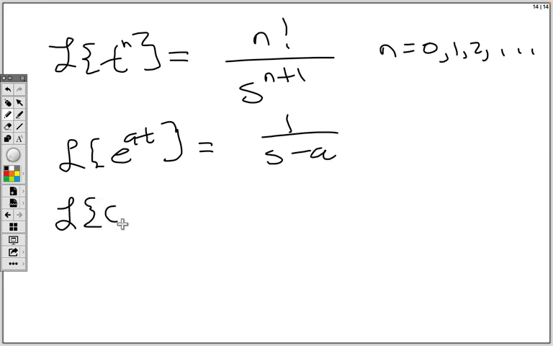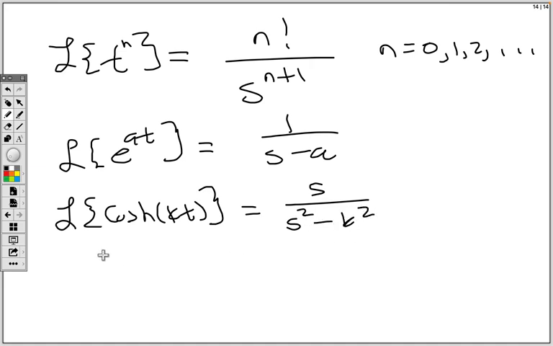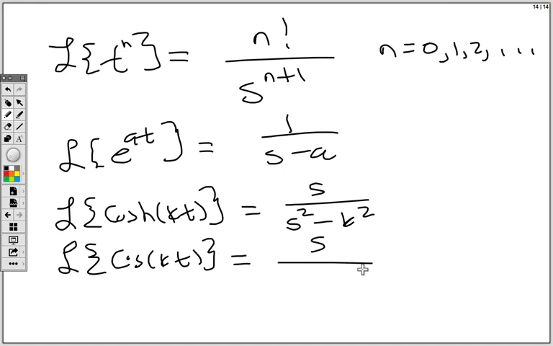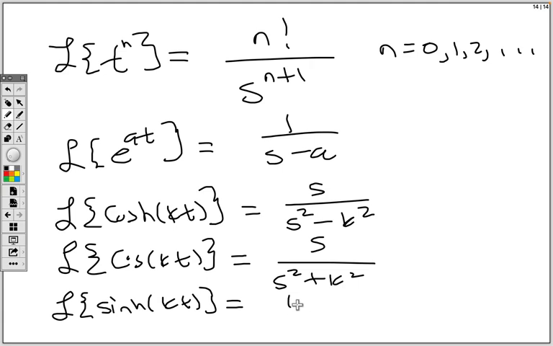The Laplace transform of cosh, Laplace transform of cosine, and then Laplace transform of sinh, and then sine.